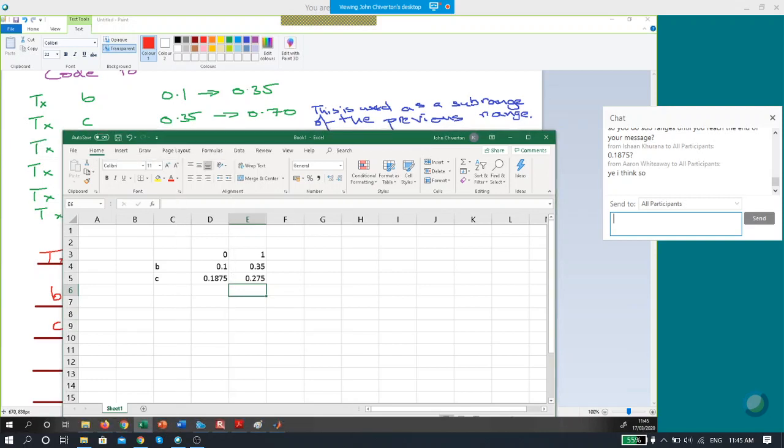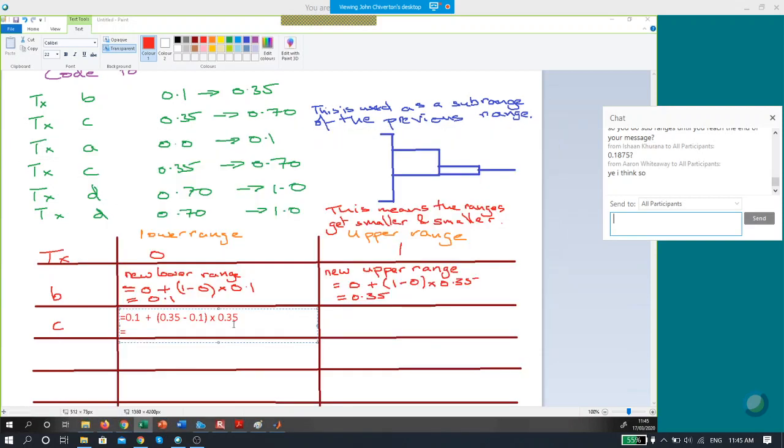So we could write that in, couldn't we? Okay, so there it's 0.1875. Now the temptation might be to round it off. But we don't want to do that. If we round it off, it's going to remove the information that we actually want to keep.